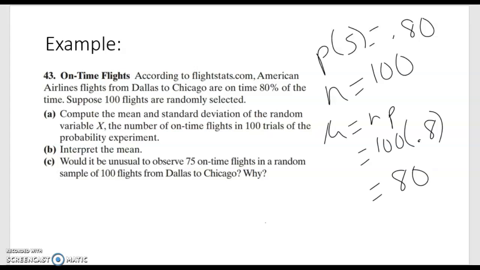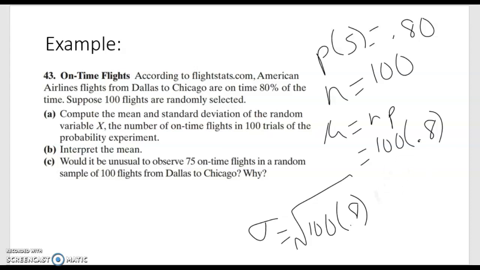Standard deviation, it's the square root of N times P times 1 minus P. So it's the square root of N times P, which is 0.8, times 1 minus P. So 1 minus 0.8 is 0.2.